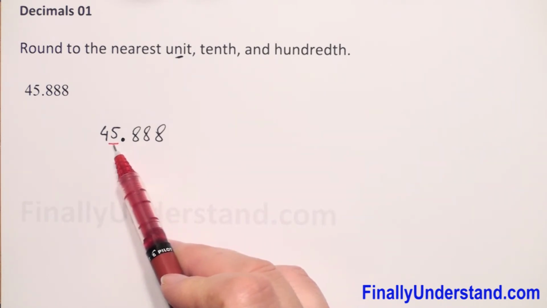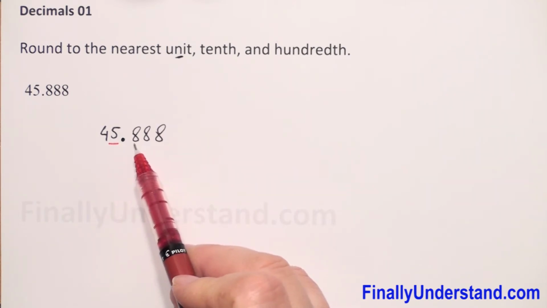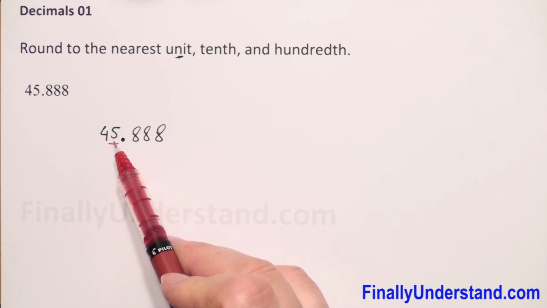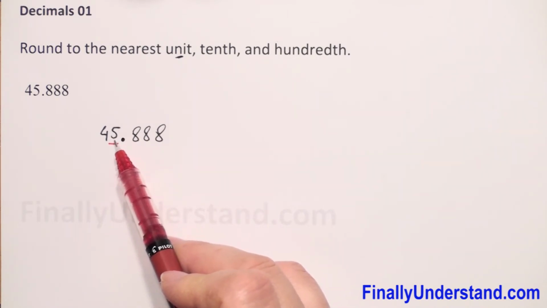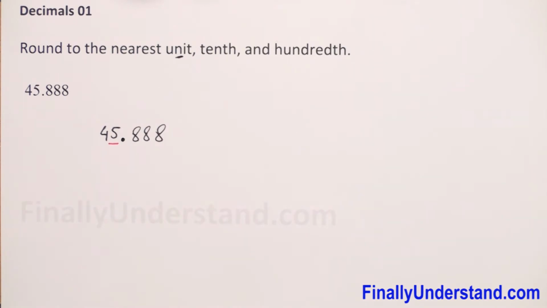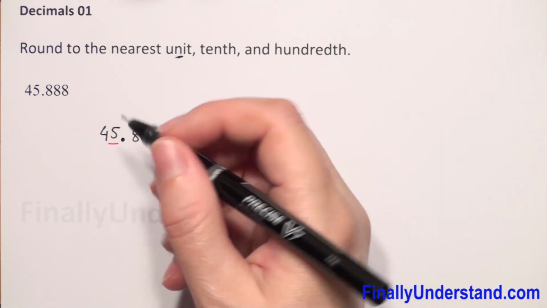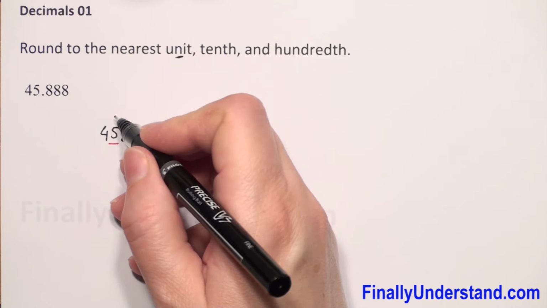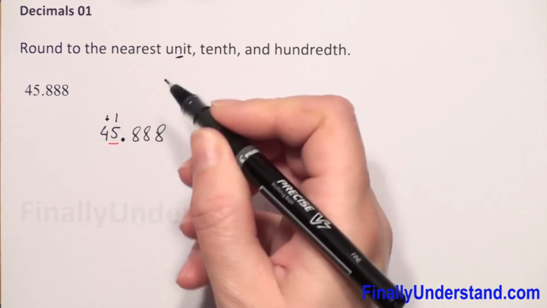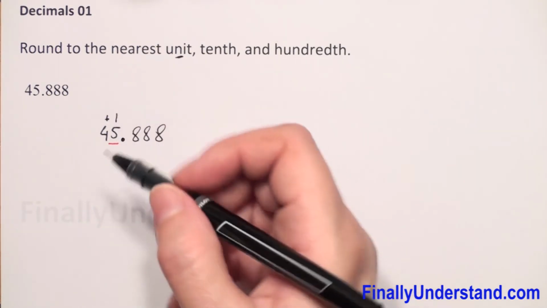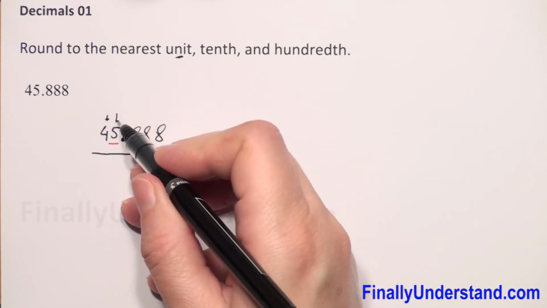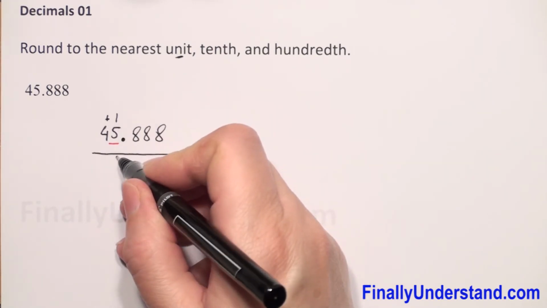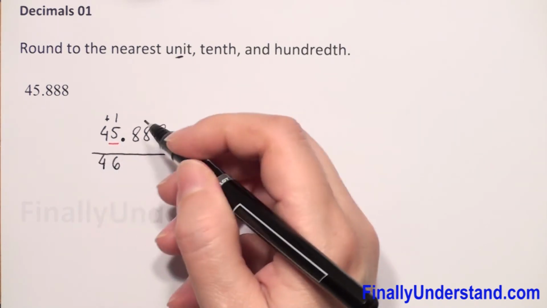So because the digit after the underlined digit is 8, we need to add 1 to it. I can write on top that we have to add 1. So now, 5 plus 1 is 6, and 4 we keep.